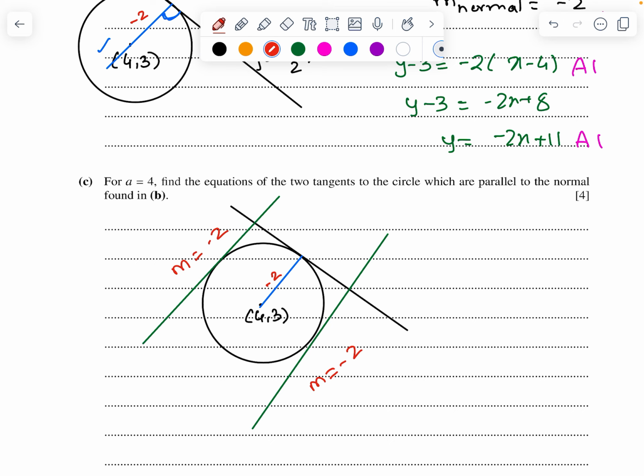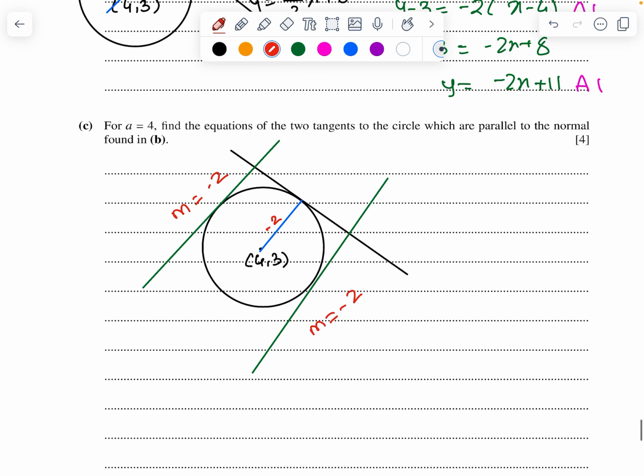I should be finding the points where the tangents meet the circle. It is a 4 marks question, so we need to do it in a detailed way.